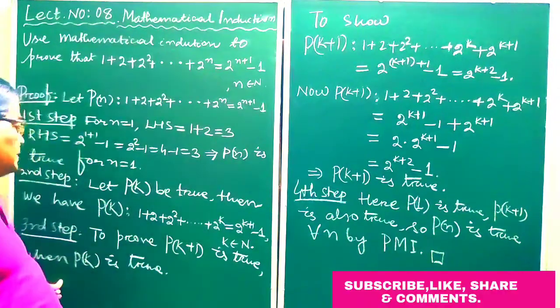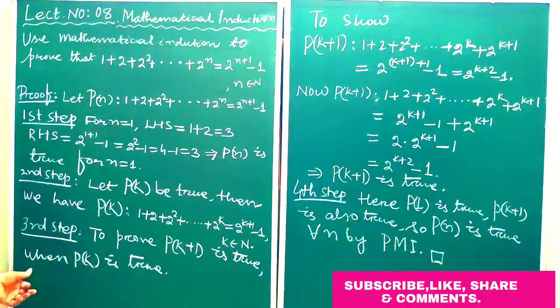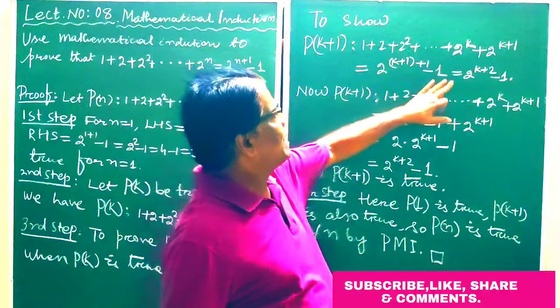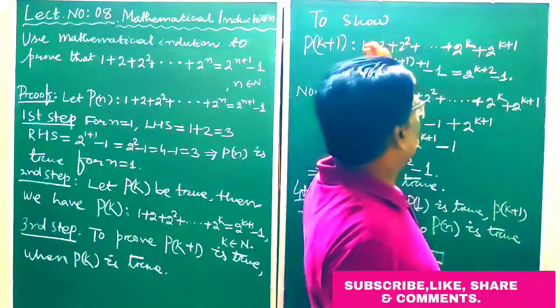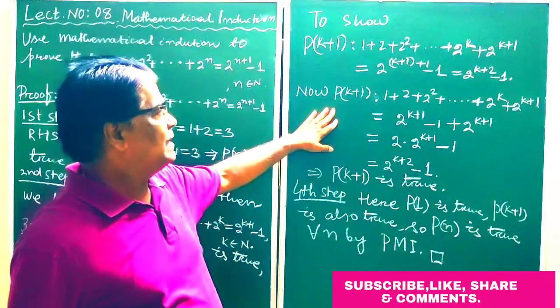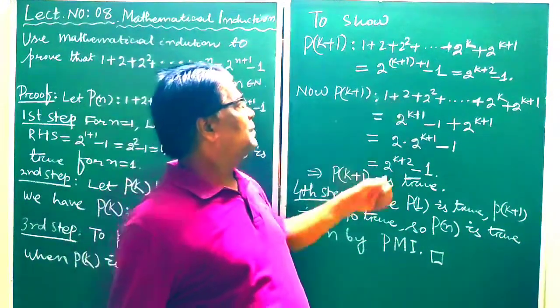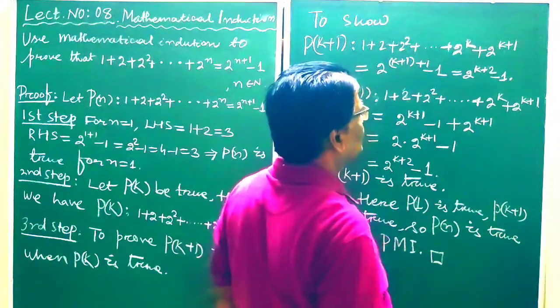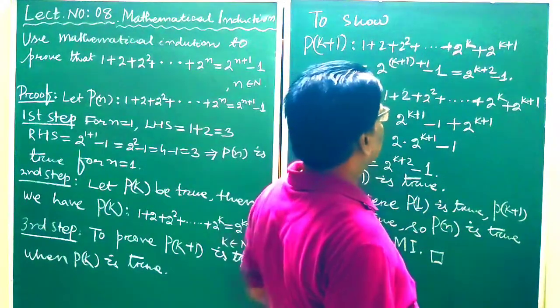In the third step, to prove P(k+1) is true when P(k) is true, P(k+1) is equal to 2ᵏ⁺² − 1, that we have to show. We have started with P(k+1). It stands for 1 + 2 + 2² up to 2ᵏ + 2ᵏ⁺¹.